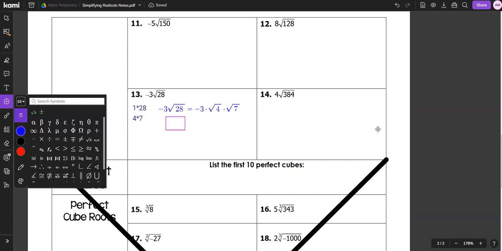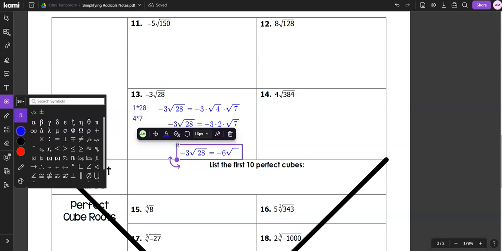So that tells me that negative 3 square root 28 will be equal to negative 3 times 2, which is the square root of 4, times the square root of 7. And that means our final answer is negative 3 square root of 28 is equal to negative 6 times the square root of 7.